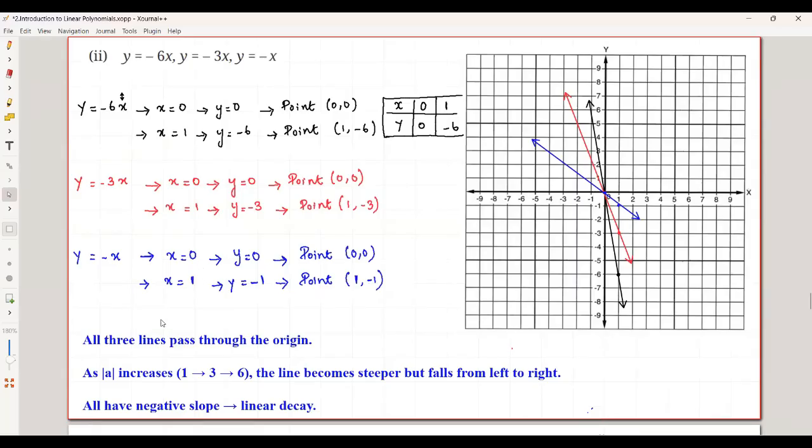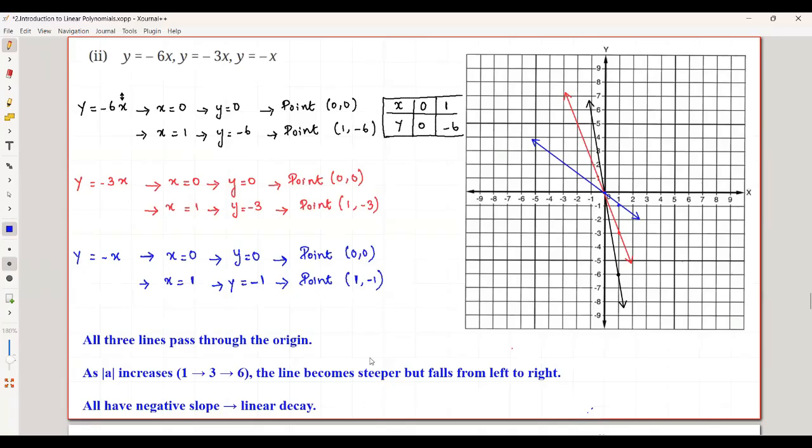So next, here I have just taken modulus A. Modulus A means whatever is coming, the positive of A value. If it's negative also, if you are taking modulus A it will be positive. That means if you are just taking 1, 3, 6, the line becomes steeper.